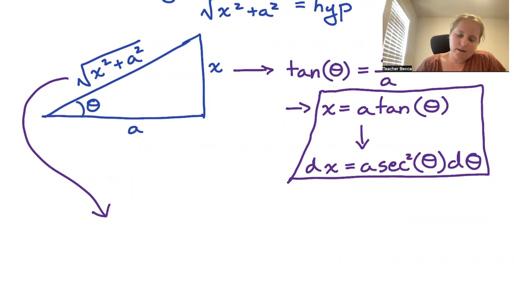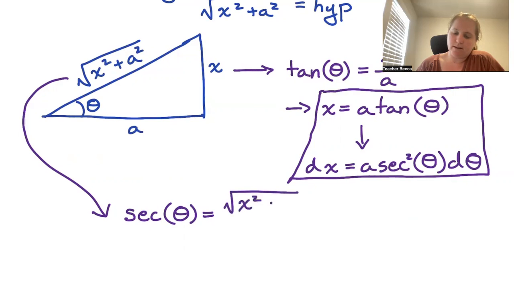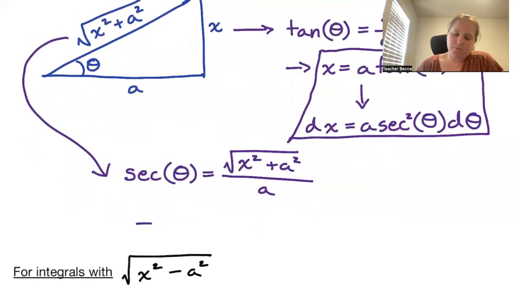So let's go ahead and do secant of theta is the hypotenuse, square root x squared plus a squared, over adjacent, so over a. And that becomes square root of x squared plus a squared is equal to a secant theta.